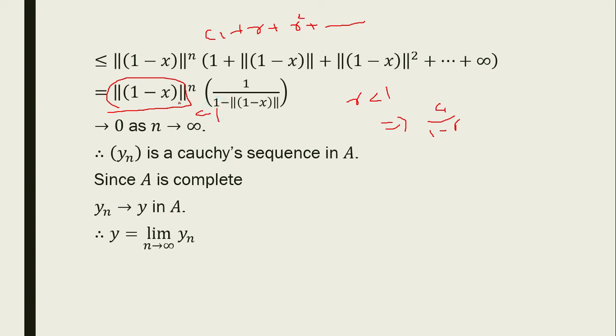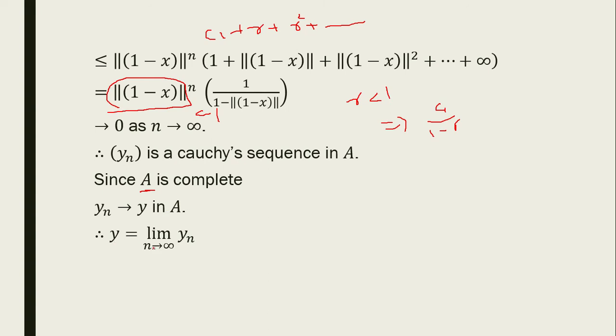So the sequence yn is a Cauchy sequence in A. Since A is complete, because A is a Banach space, and a complete normed linear space is called a Banach space, yn tends to y in A.